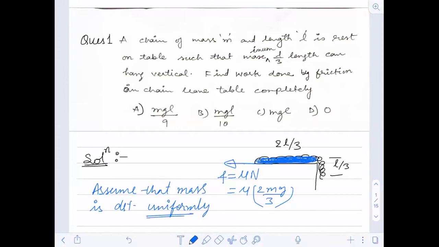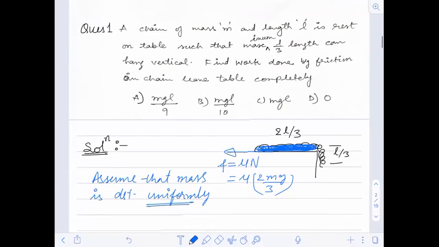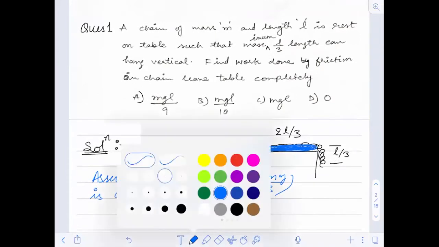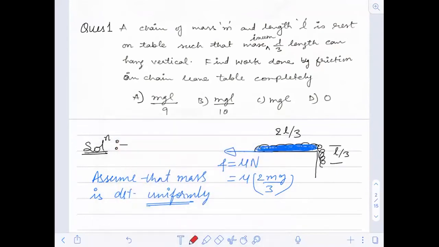Now if this is a friction in this direction, this friction is countered by the mass of this red color chain, which has mass mg by 3. So actually this friction force will be countered by this mass mg by 3.